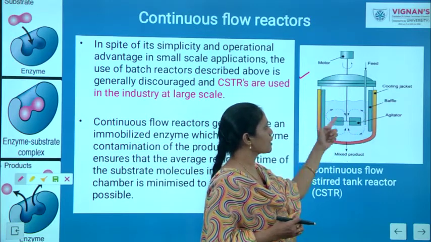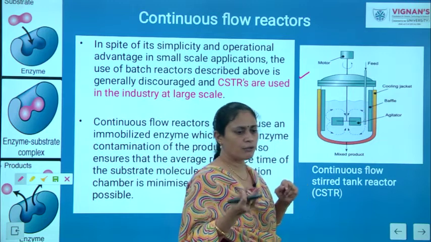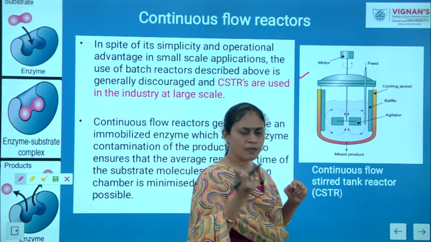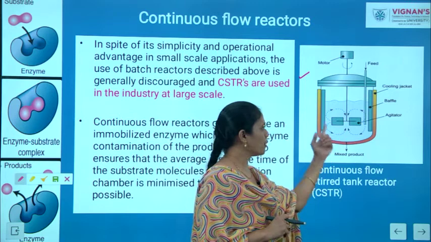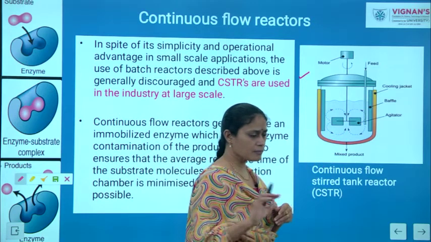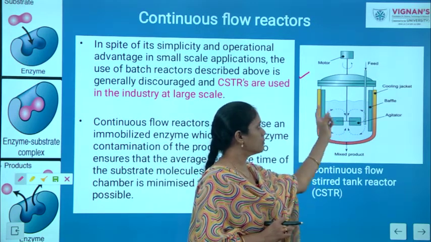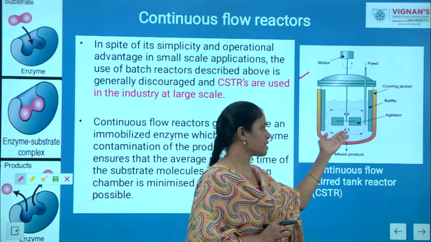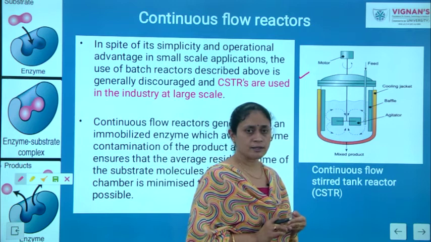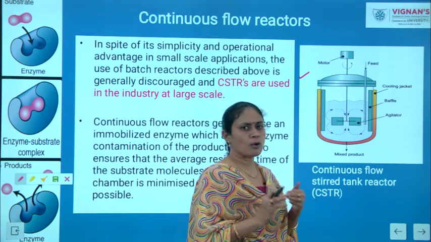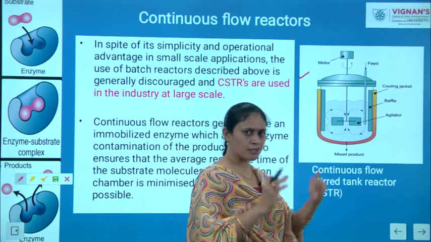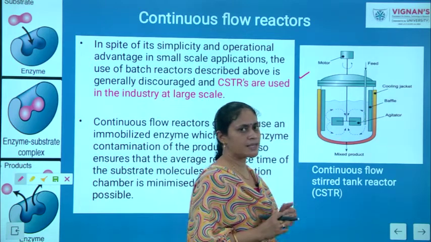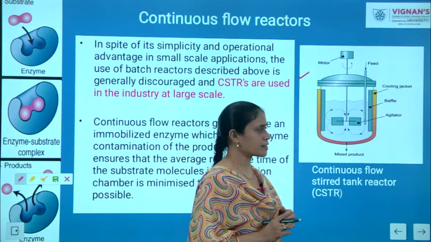The motor is fixed to the agitator so that whenever you require, you can agitate and go for homogeneous mixing. When you switch on the motor, you can mix the components inside the reactor so that your substrate is homogeneously mixed and continuously supplied to the enzyme available within the reactor.